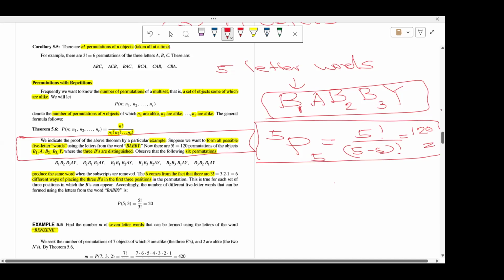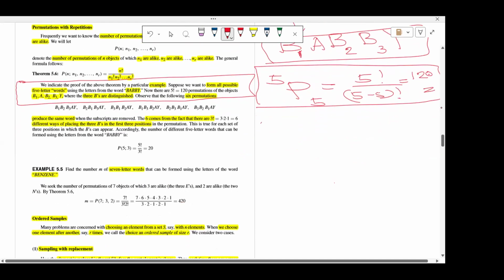But here they are telling us B A double B Y. Now just think this is one word we are making by utilizing B1, B2, B3.